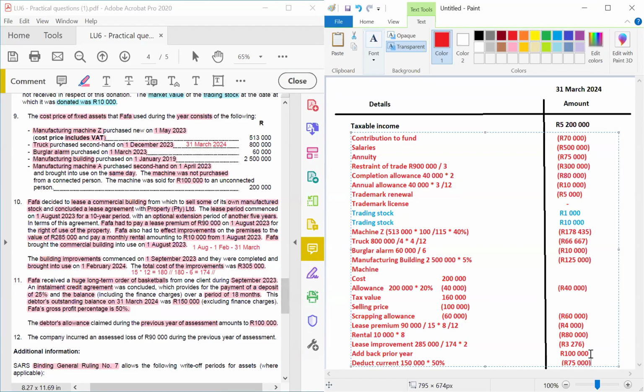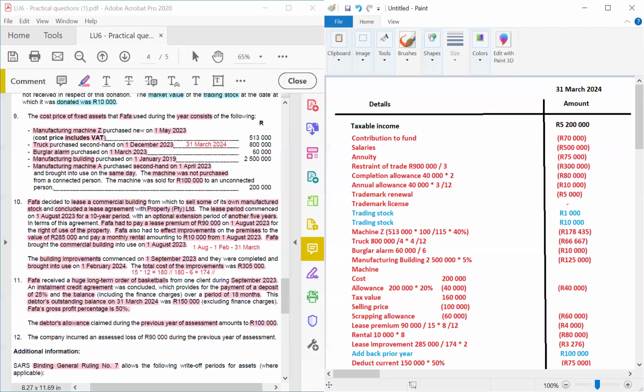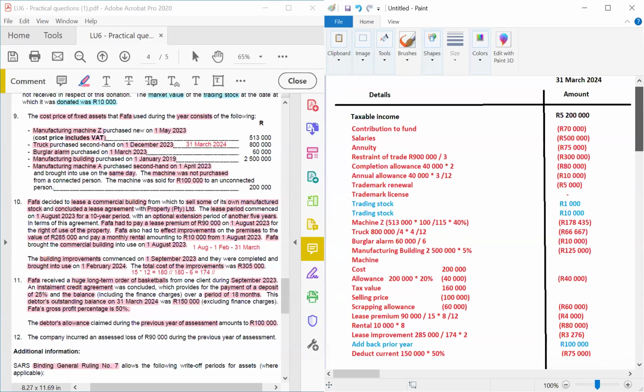Okay, so now this is what we have, right? Remember, we have packed donations. So basically for building improvement, you deduct the remaining periods, not past periods. Yes, you deduct the remaining periods.